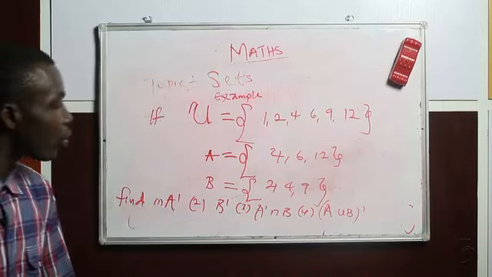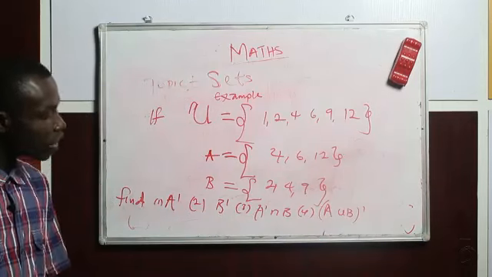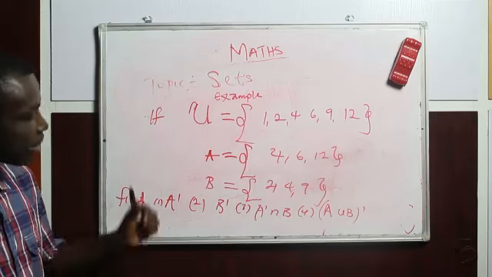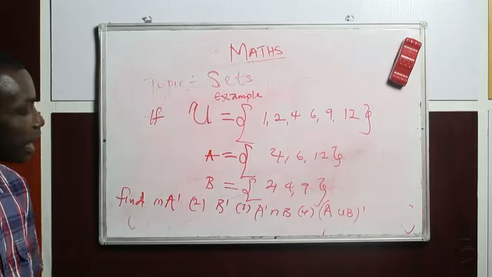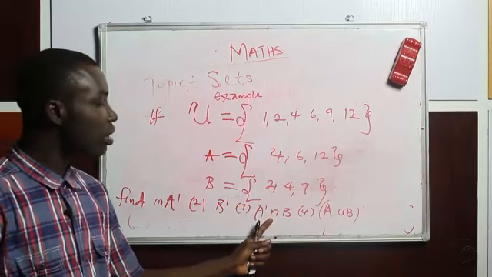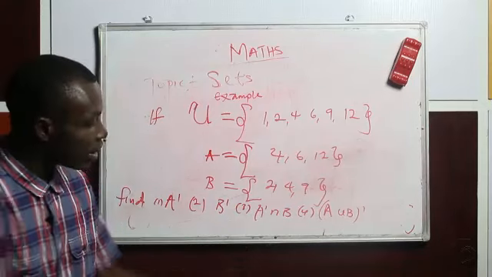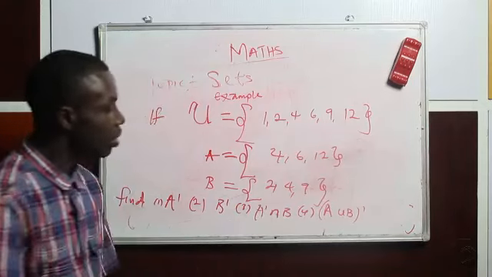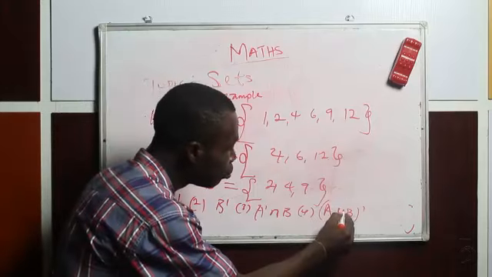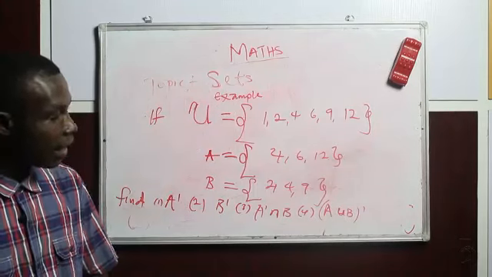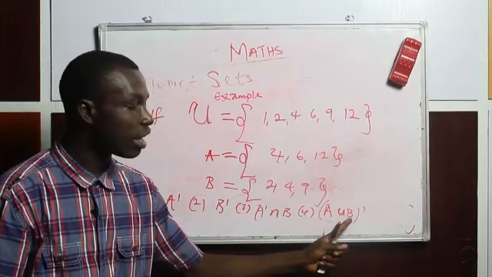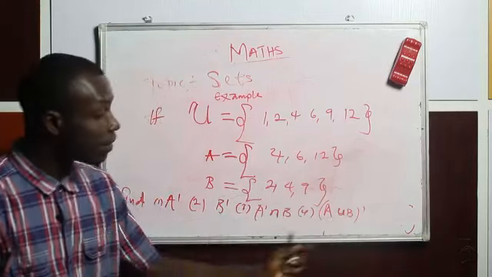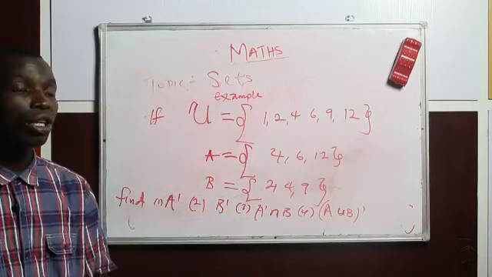This example has given us a clue about the set symbols where we have complement A, complement B, intersection, and union. This symbol means intersection. This symbol means union. As I've said earlier, where you have numbers that involve A union B, if it is standing alone like this, it's called universal.